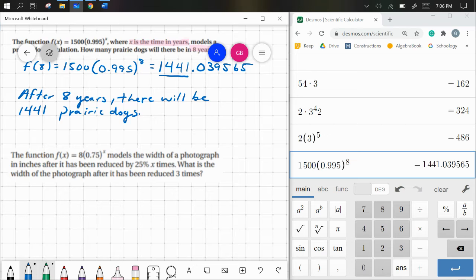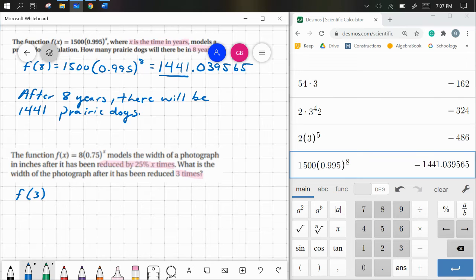What is the width of the photograph after it had been reduced 3 times? So x is reduced by 25% x times, and we want to find out what is the width of the photograph after it's been reduced 3 times. So x is equal to 3 for this function.